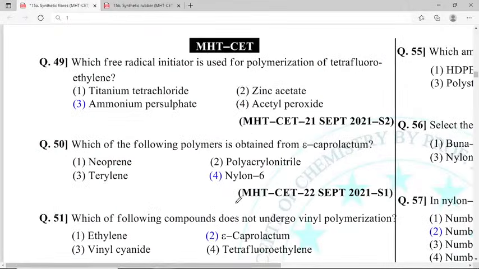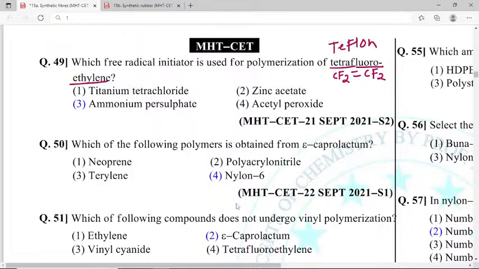Which free radical initiator is used for polymerization of tetrafluoroethylene? This is called tetrafluoroethene, CF2 double bond CF2. It is also called Teflon.